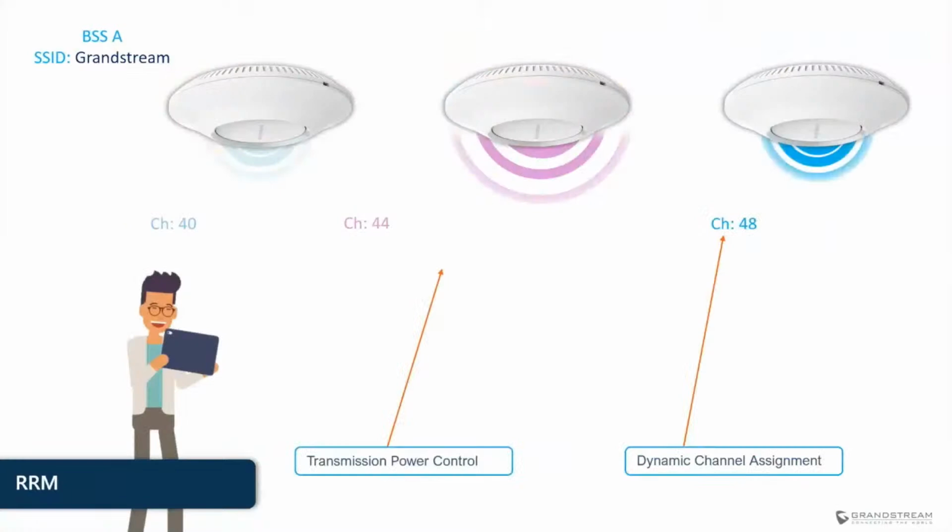The first is RRM, or Radio Resource Management. It is used to dynamically control the transmit power of an access point.